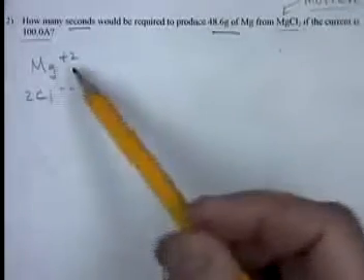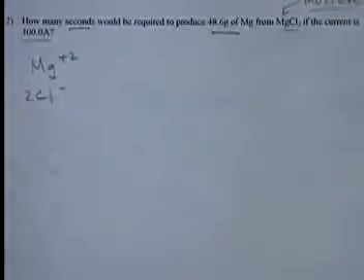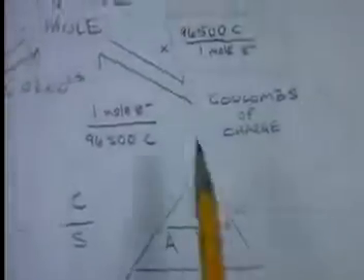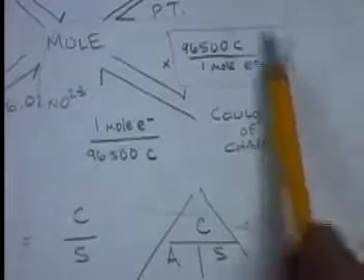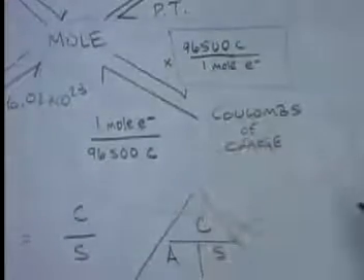So we start the same way that we did with the last problem, where you write the balanced half reactions first, so you know the number of electrons transferred. Once you know that, then you can take the amount that we have, our grams, convert it to moles, use the balanced chemical equation to find out how many moles of electrons are transferred, and then use our link between moles of electrons and coulombs of charge to find out how many coulombs have transferred.